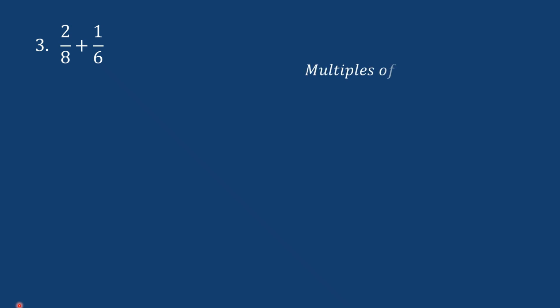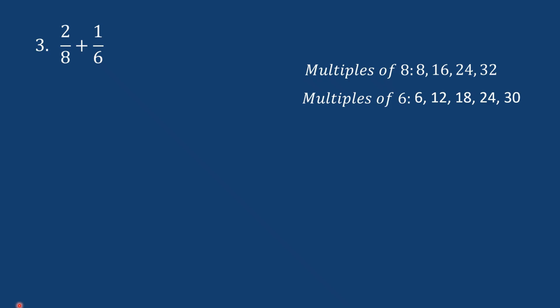Some of the multiples of 8 are 8, 16, 24, 32. And some of the multiples of 6 are 6, 12, 18, 24, 30. The least common multiple is 24. The least common multiple is the least common denominator. So the least common denominator here is 24.